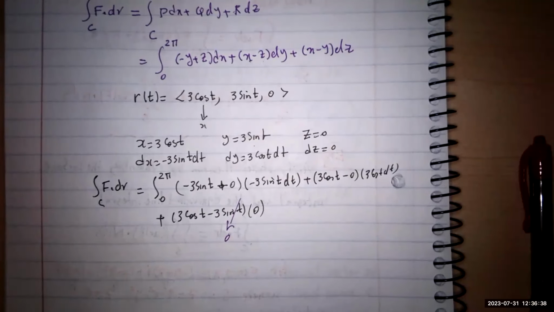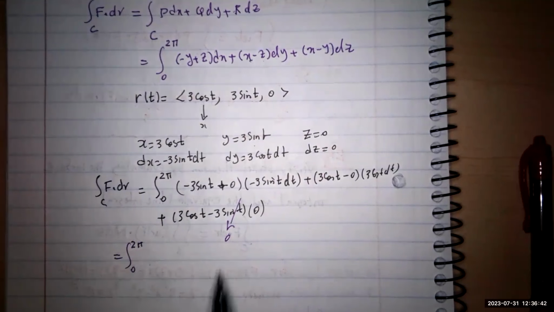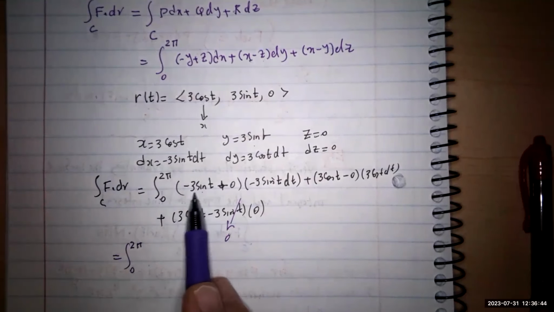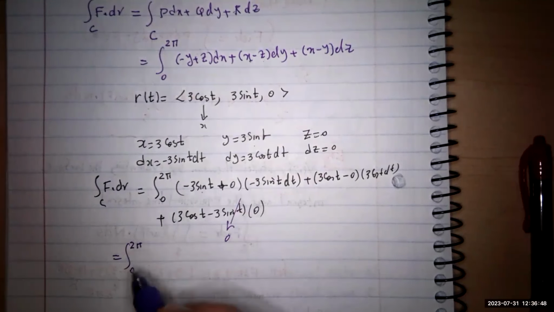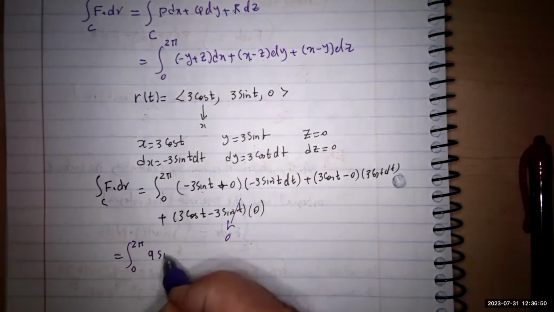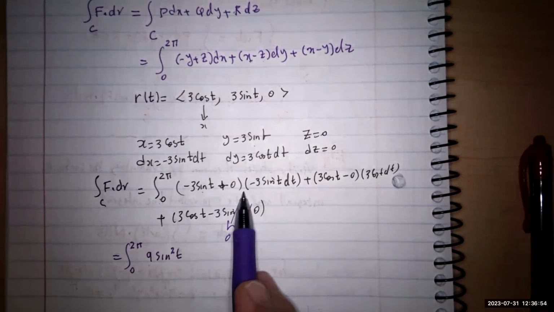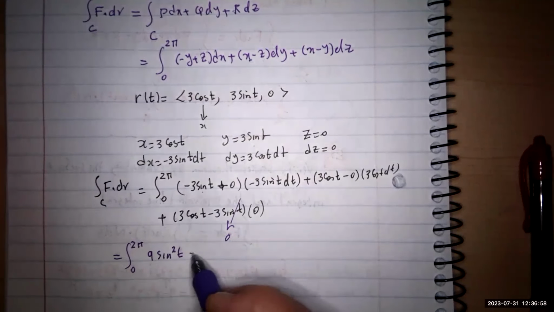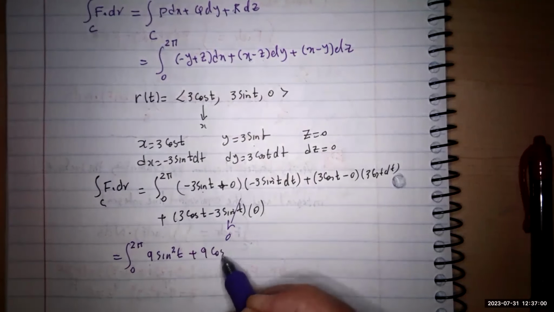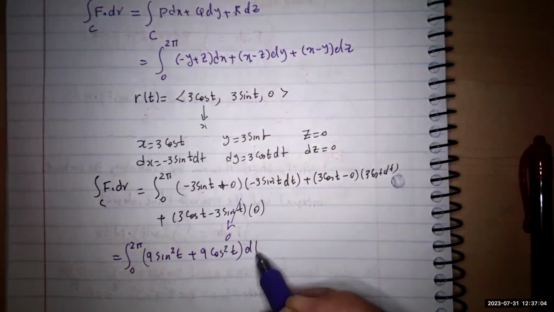I'm just substituting. So continuing, it's going to be the integral from 0 to 2 pi. We get negative 3 times negative 3, which gives you 9 sine squared of t for this one, and over here we get plus 9 cosine squared of t, and the last one was 0, dt.